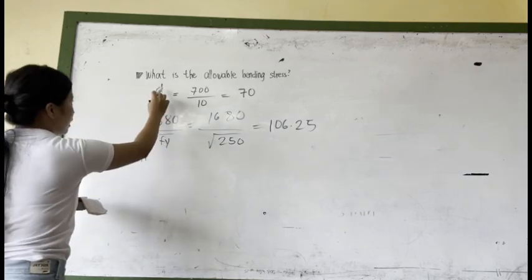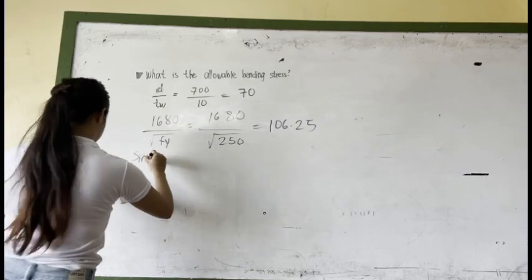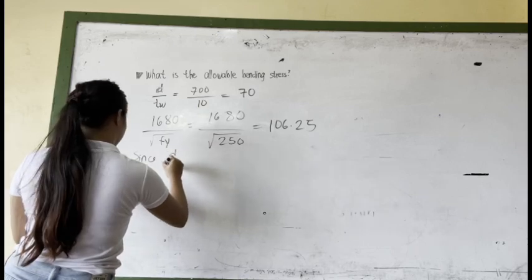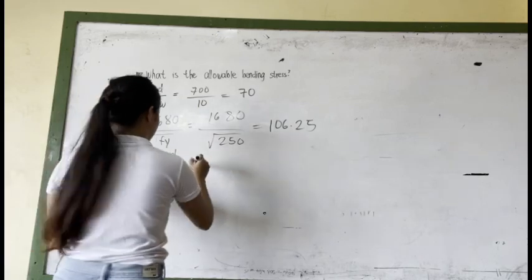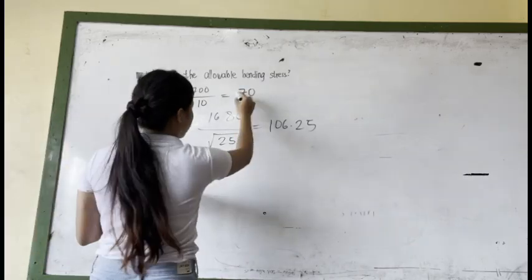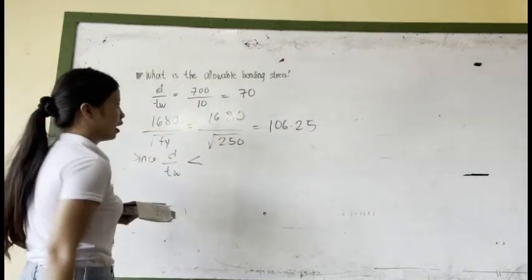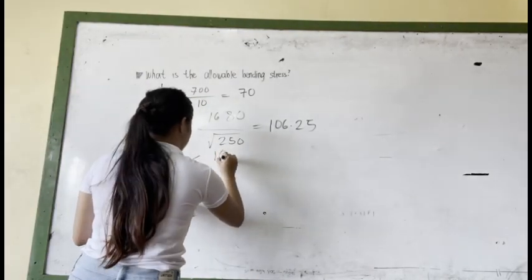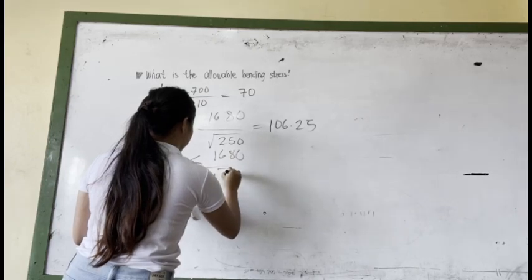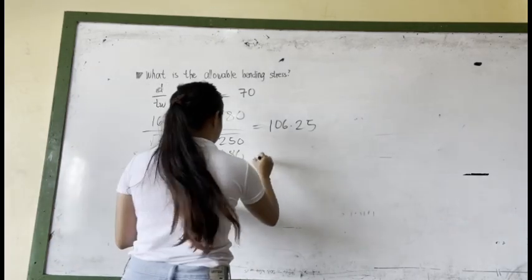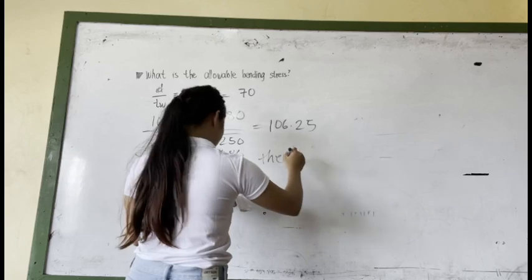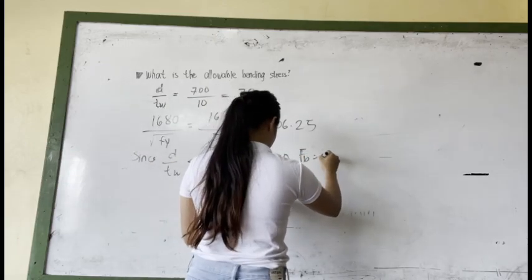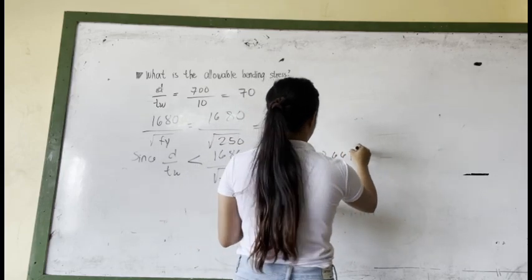Since d over tw is less than 1680 over square root of Fy, then Fb is equal to 0.66 Fy.